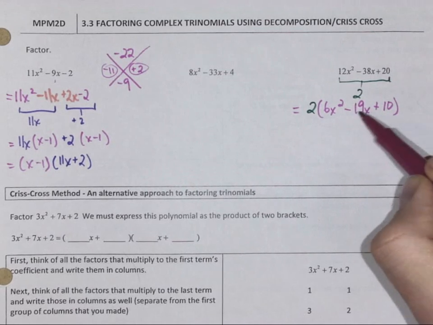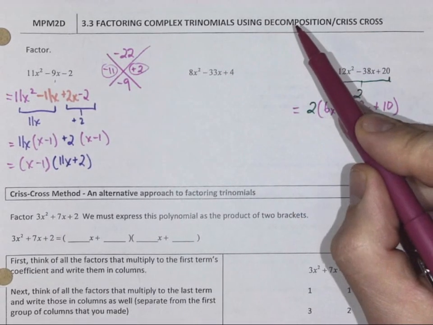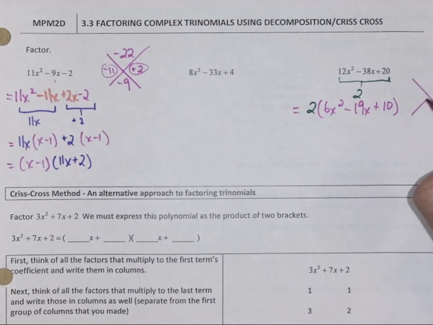We now treat this trinomial as a complex trinomial, and we look to solve it by decomposition. Two numbers that multiply to 6 times 10, which is 60, and add to -19. If they multiply to a positive number and add to a negative, they're both going to be negative.